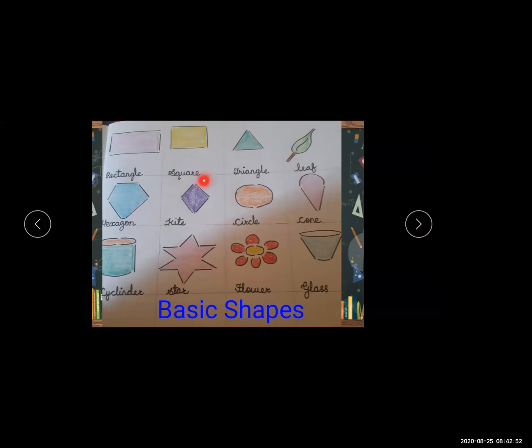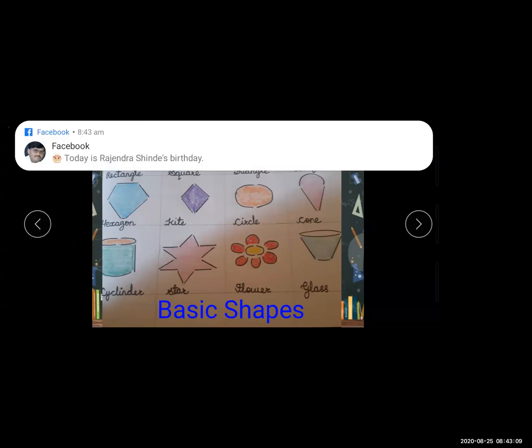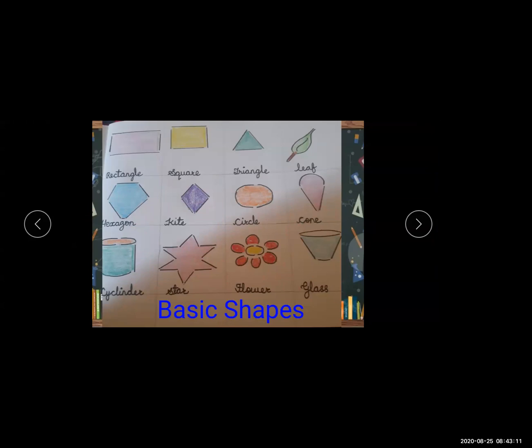This is circular shape made with curved lines. This is the cone shape. This is cylindrical shape. This is the star shape. This is flower shape. And this is the glass shape. All these shapes are made with the help of slanting line, vertical line, horizontal line, okay, curved line. So these are all basic shapes.